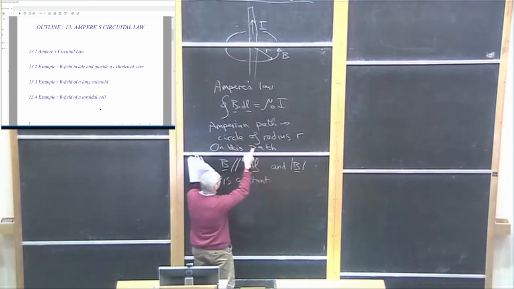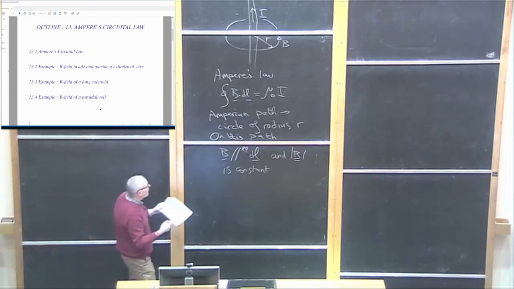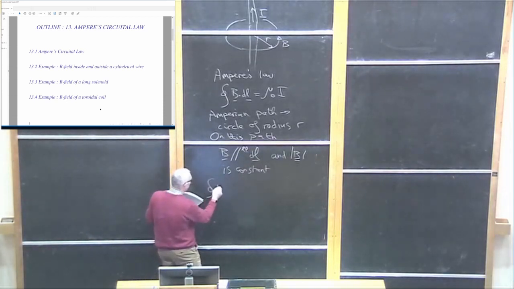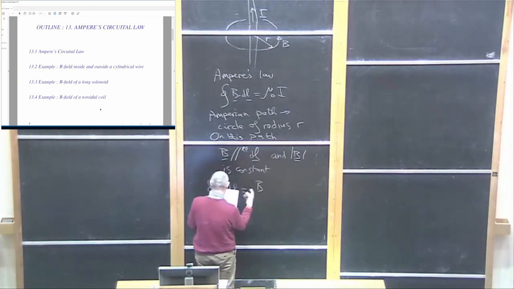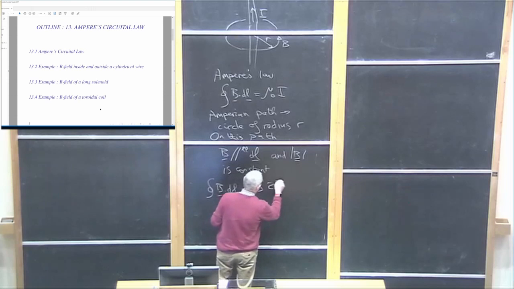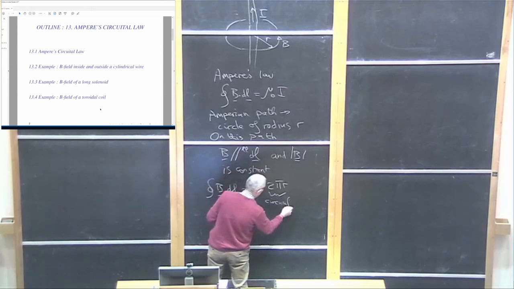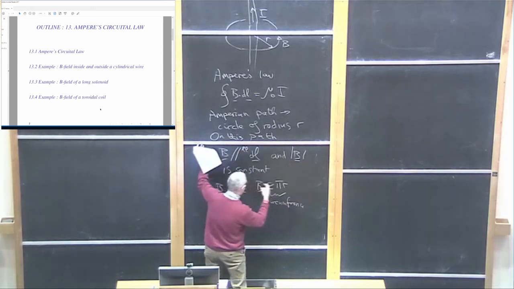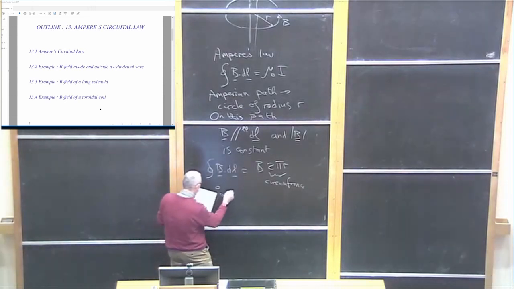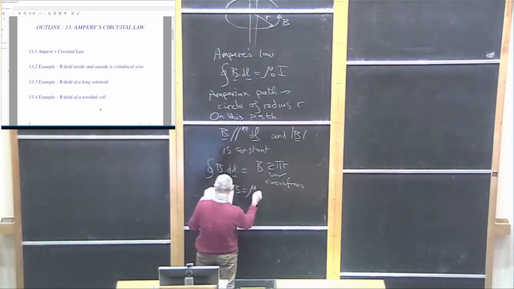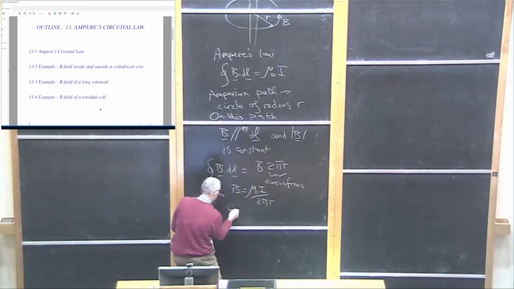So this integral is trivial. I take B outside, and the integral of B dot dl is just B, the magnitude of B at radius r, times 2 pi r, which is just the circumference. So that's the line integral. Therefore, B is mu naught I over 2 pi r for an infinite wire.